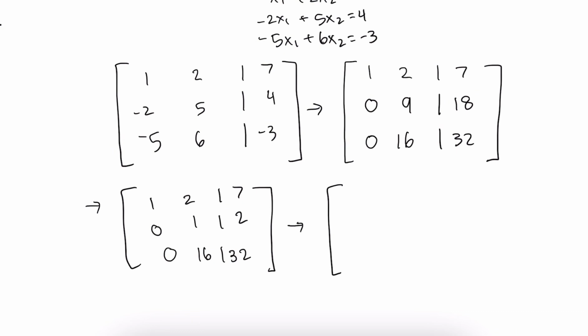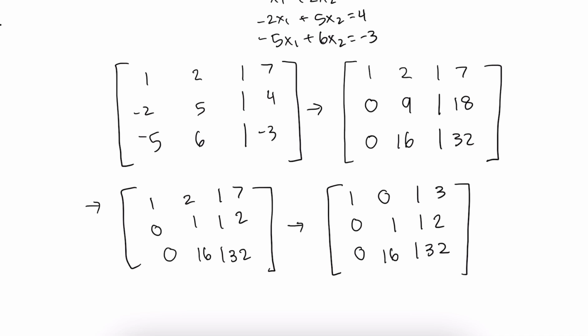So 0 times negative 1/8 is 0 and then plus 1. 16 times negative 1/8 is negative 2 and then plus 2 gives you 0. And then 32 times negative 1/8 is negative 4 and then plus 7 gives you 3. So now we effectively reduced these two rows, and all we have is this 16, 32 left.